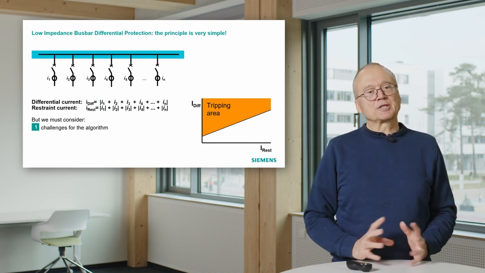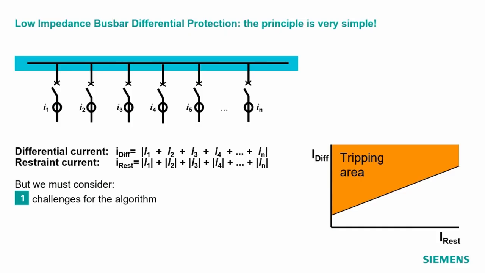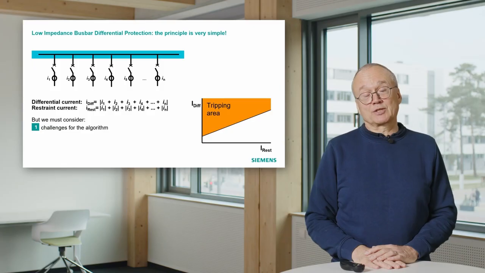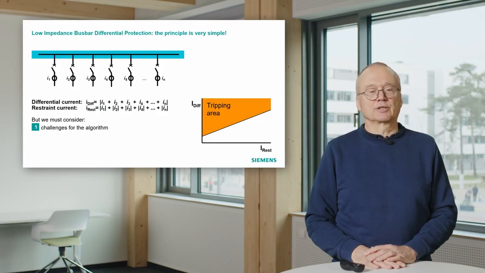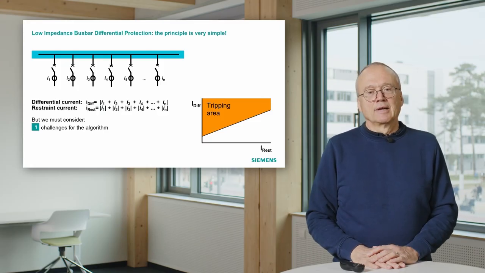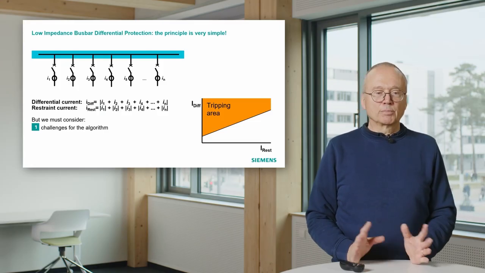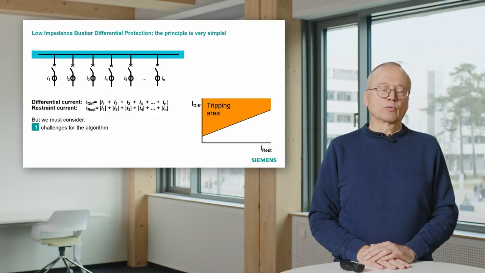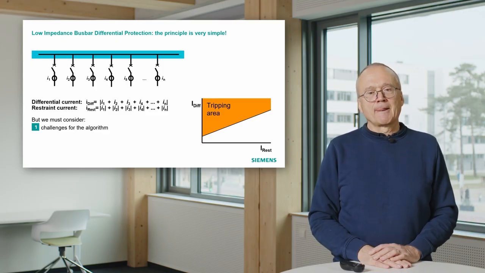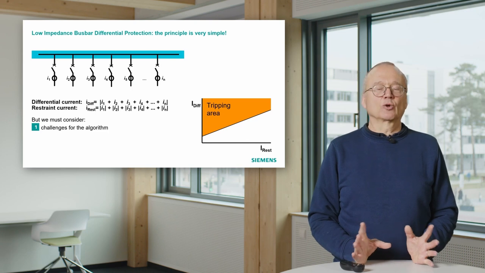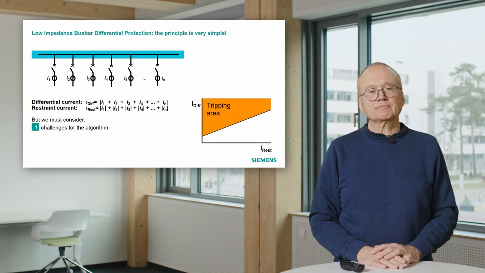One thing is, we will have some special challenges in the algorithm. The point with busbar protection is, if you have a wrong operation in line protection, it's not good. Your boss maybe will ask you a few questions. You lose one line, but normally it's not such a critical thing.